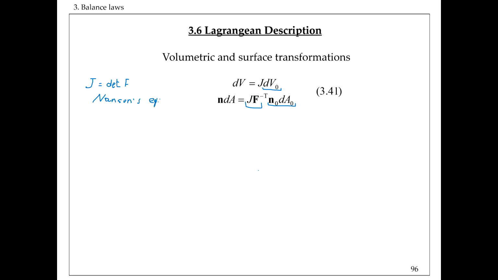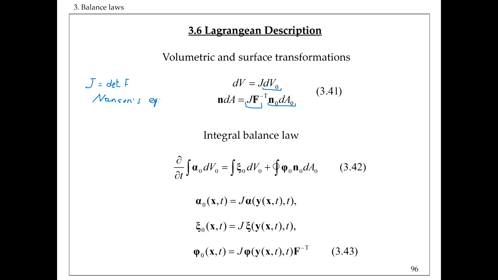For this master balance law, they come as different integrations here, right? So we have volumetric integration for alpha, volumetric integration for psi, and area integration for phi, for the surface flux.